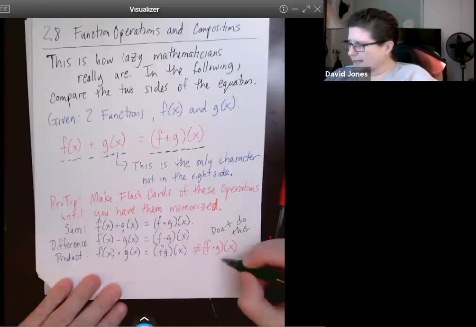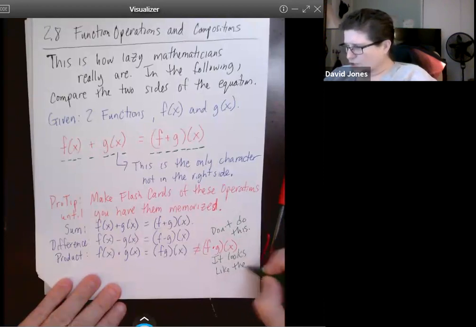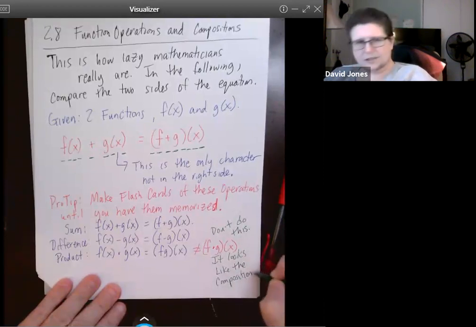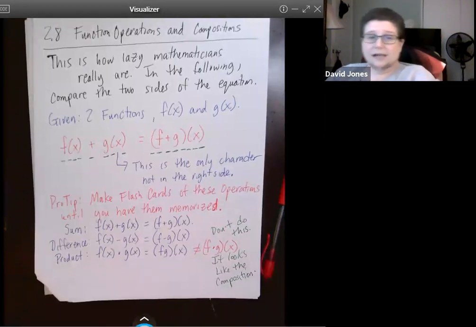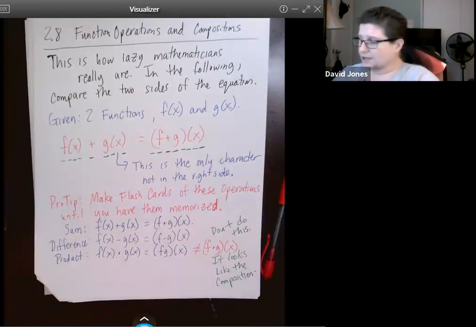The reason why is it looks like composition, as you'll see when we get to composition. It looks like the composition of two functions. The dot means multiplication, but when we do composition, we use a little small circle, and a small circle looks a lot like a dot. So you're better off just doing fg like that. Two things touching each other like that are multiplied together.